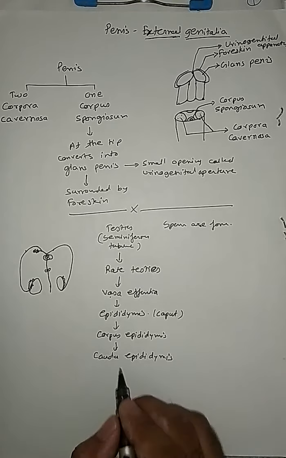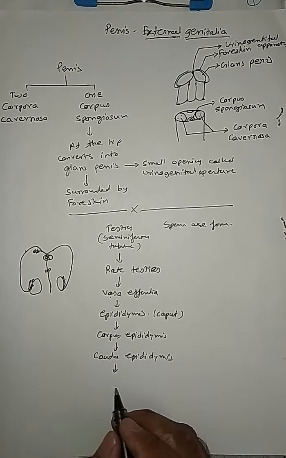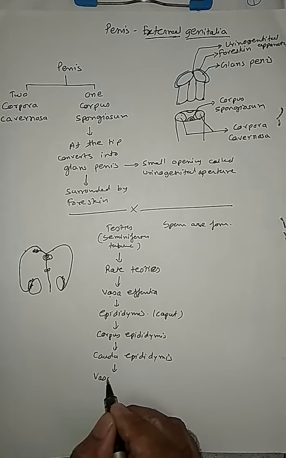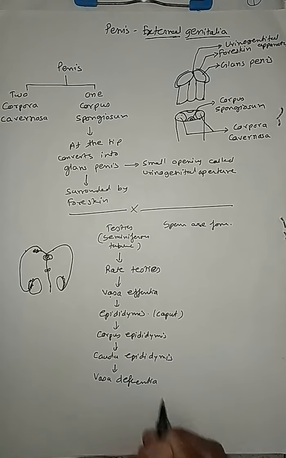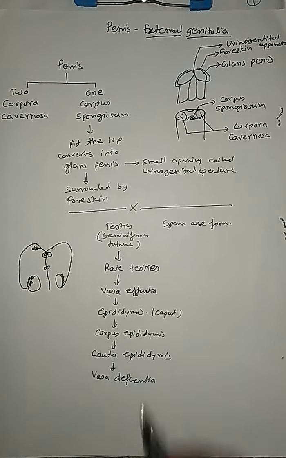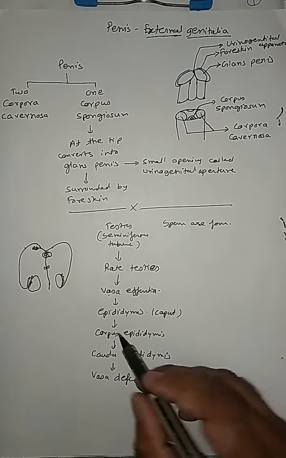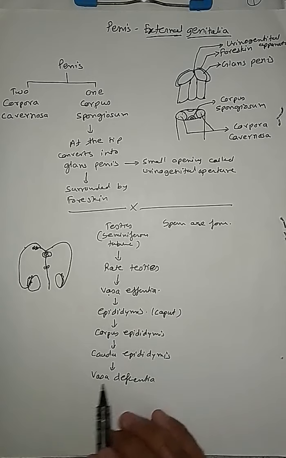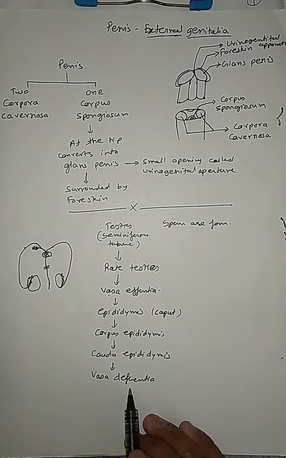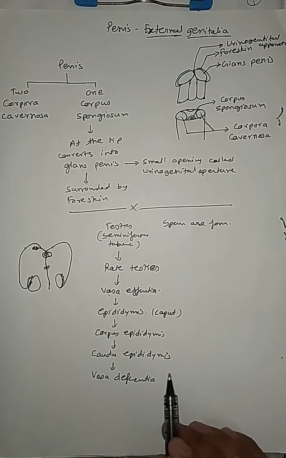After the cauda epididymis, the tube goes and forms the vas deferens. So the vasa efferentia connects to the caput epididymis, and from the cauda epididymis the vas deferens comes out.